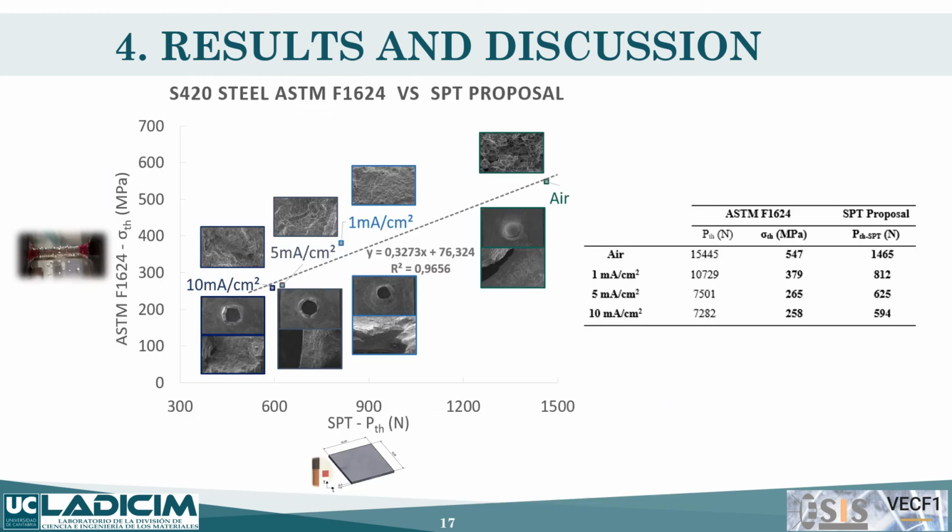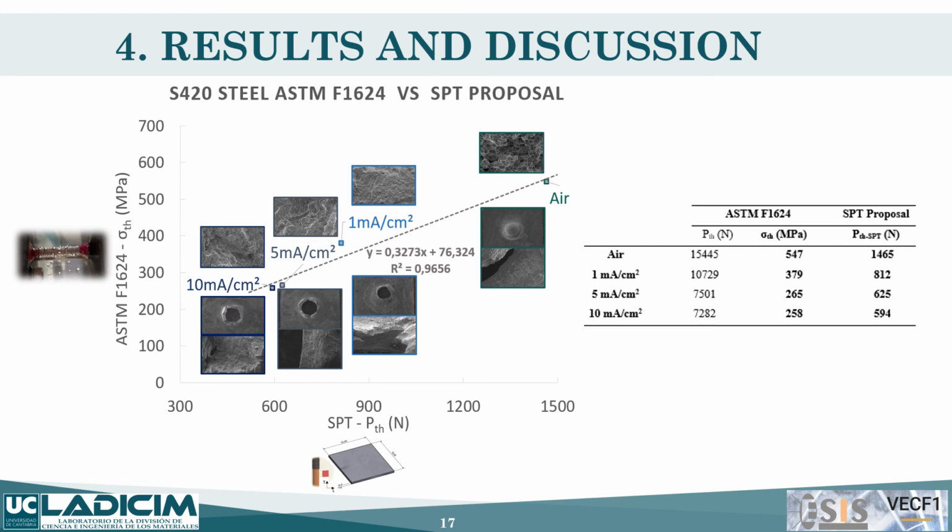If we calculate the threshold stresses for the standard tests and the threshold loads for the small punch test proposal, and we put them face to face in the graph, we can see that in both cases they are following numerically that trend that was mentioned in the prior slide.